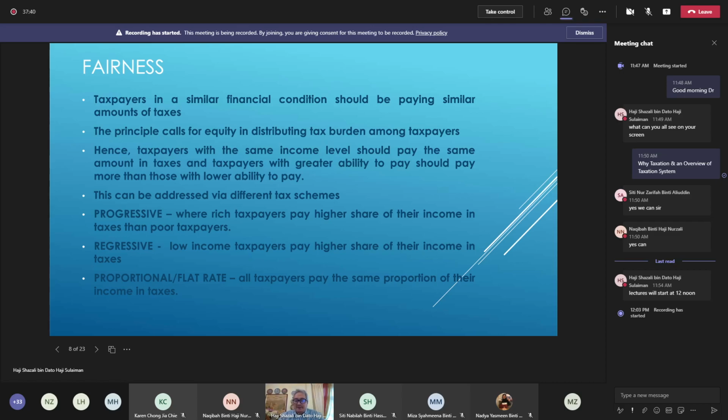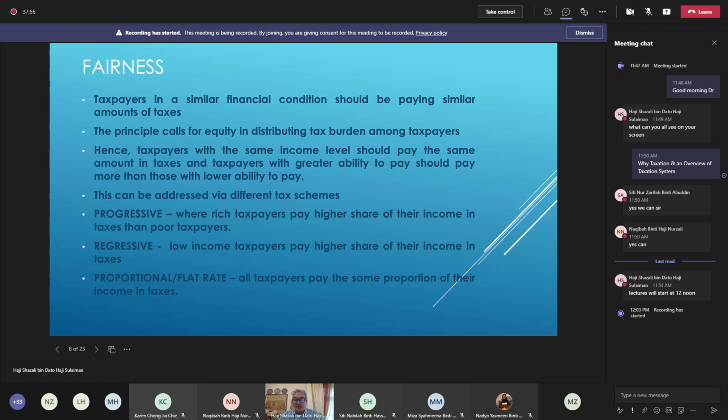Between 34,500 to 150,000 pounds, you're paying 40% tax. And if your income is more than 150,000, then you're paying 45% tax. So that's a progressive system. The higher your income, the higher your tax rate progressively increases.